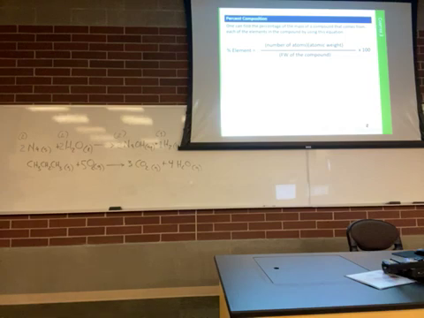So that's going to be the number of atoms times that atom's atomic weight divided by the formula weight or the molecular weight of the entire compound multiplied by 100. That's it. Number of atoms times that atom's atomic mass divided by the complete weight of the molecule or the formula multiplied by 100, and we get the percentage of each of those out.